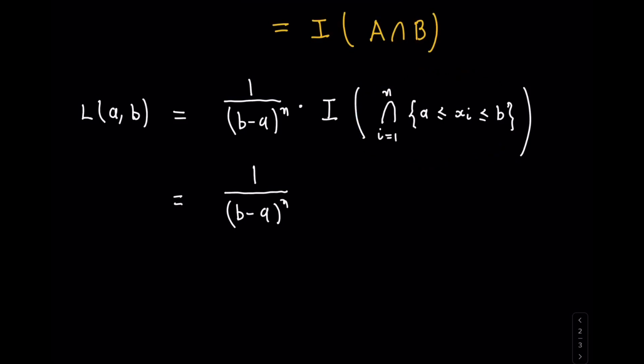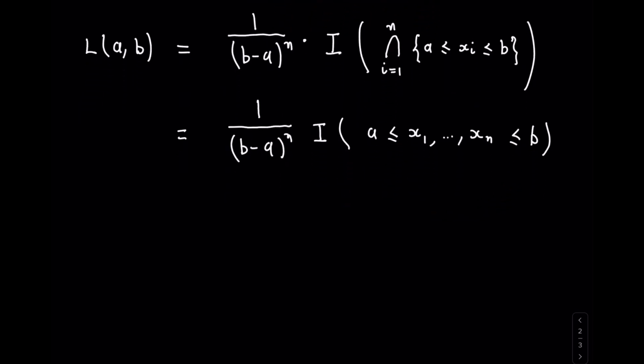Well, it just means that each particular value of xi that we pick needs to be between A and B. So in this instance, this is the equivalent of simply writing A is less than x1 ... xn less than B. All of the sample points are greater than A but less than B, inclusive.